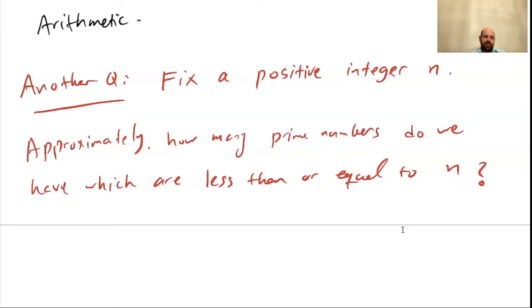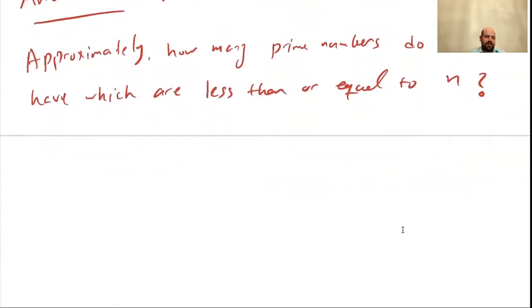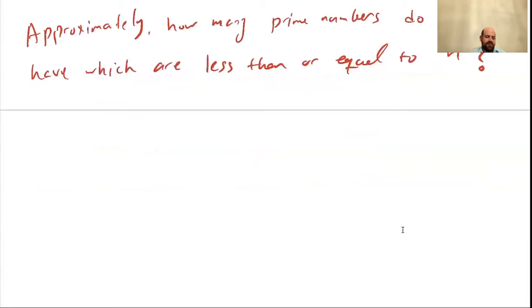Approximately how many prime numbers do we have? So this function that counts the number of prime numbers less than or equal to a fixed number has a name. It's called pi of x.